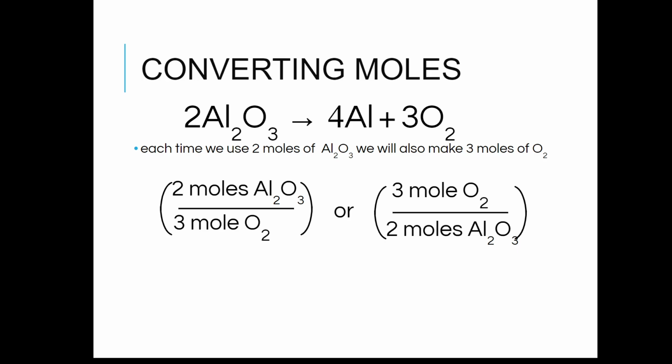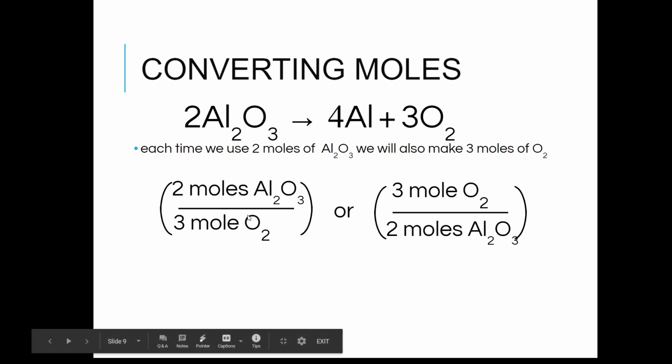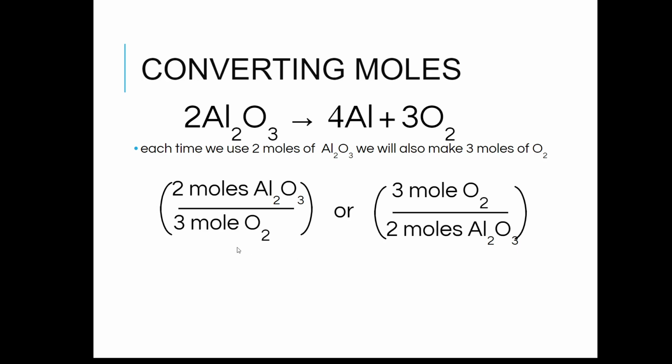And whenever we're going to use this, we're going to use the mole ratios. And it doesn't really matter which one goes on top. They're all ratios of each other. The reason that we have both of them here is because often, whatever compound we're going to start our equation with, we're going to make sure that the mole ratio for that ends up being at the bottom.